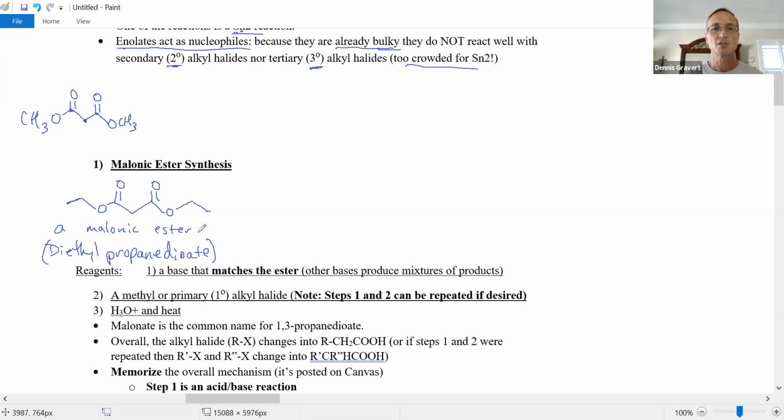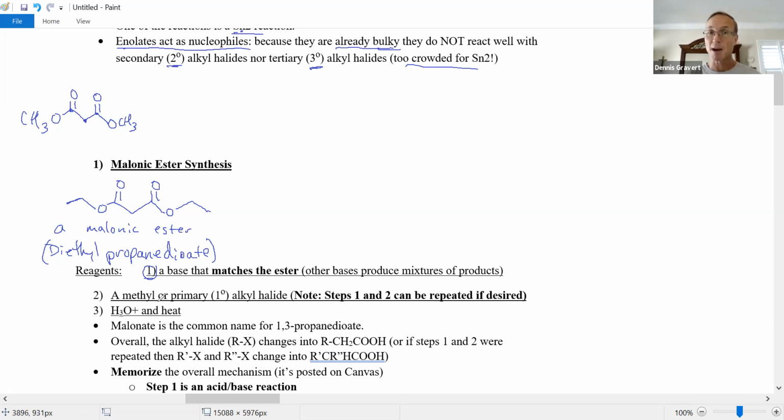Okay, so we actually have 3 reactions. That was one of the ideas we had about these subcategories of reactions. Even though we call it by one name, it actually consists of several reactions. First, you're going to add a base that matches the ester. More on that in a second. We're going to attack the alpha hydrogen with a base. Second, we're going to do the Sn2 reaction.